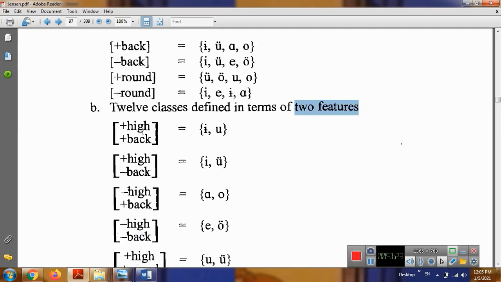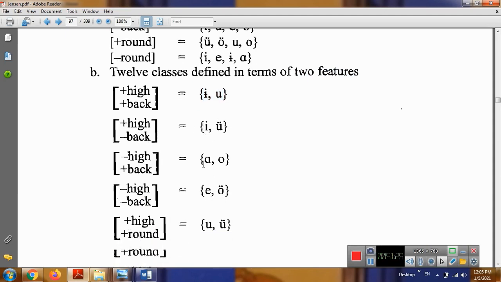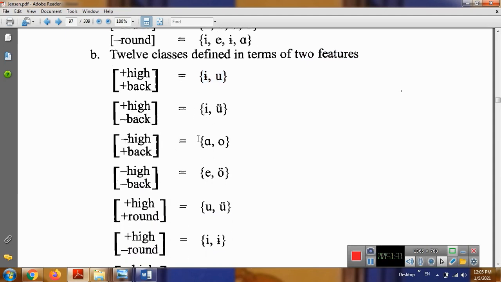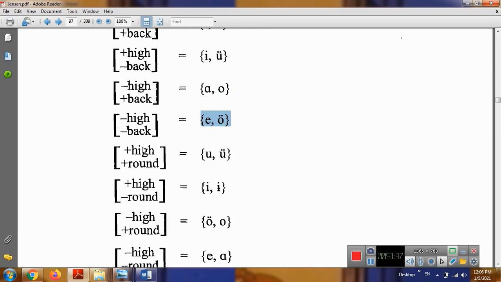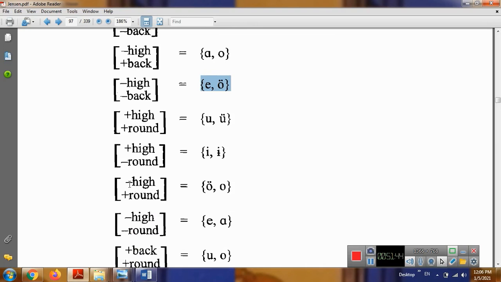For example, here, according to plus high, plus back, we have these sounds. They are a natural class. Plus high, minus back, we have such sounds. They are a natural class. Minus high, plus back, they are a natural class. Minus back, minus high, we have such sounds. They are a natural class. And here, plus high, plus round; plus high, minus round; minus high, plus round.